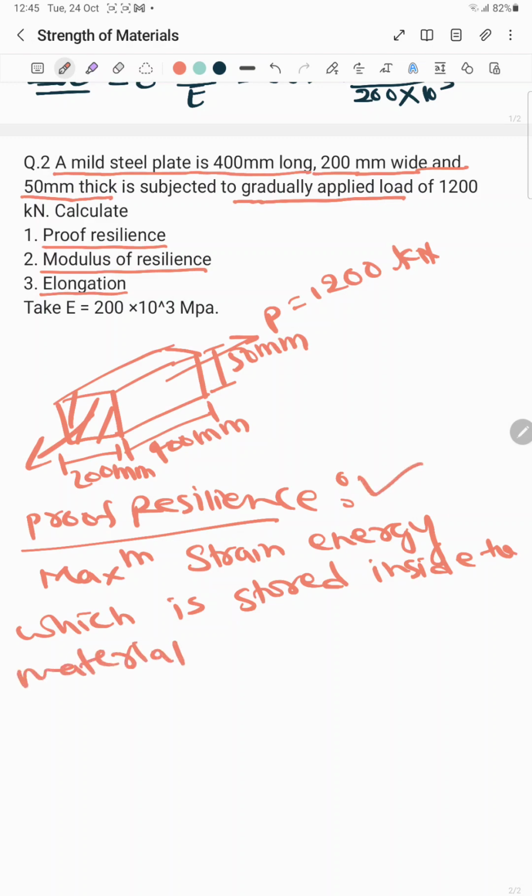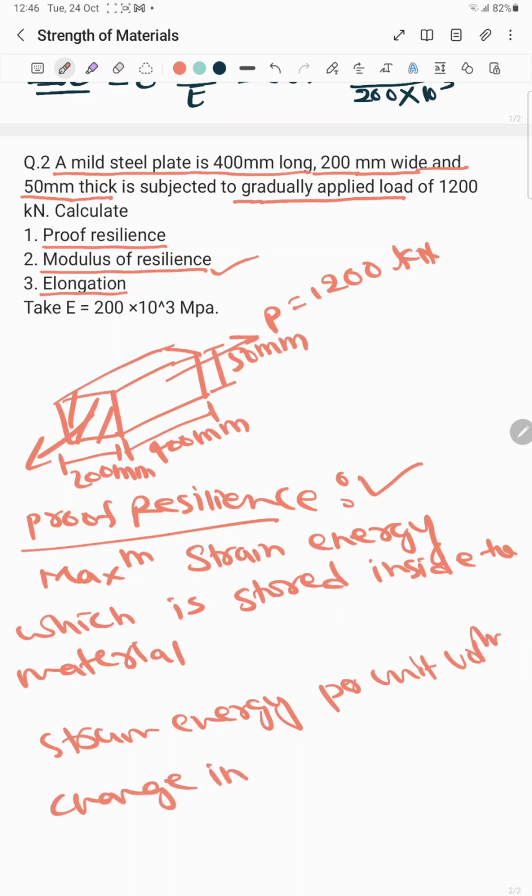Modulus of resilience is the strain energy per unit volume. Now elongation is nothing but the change in length.